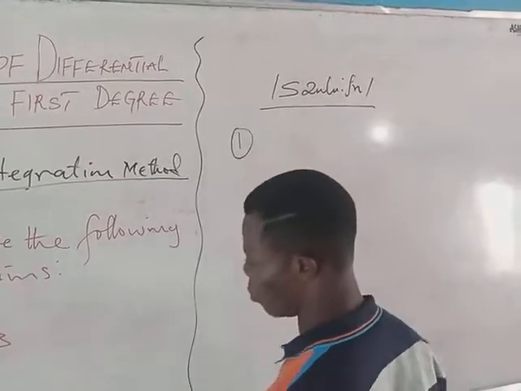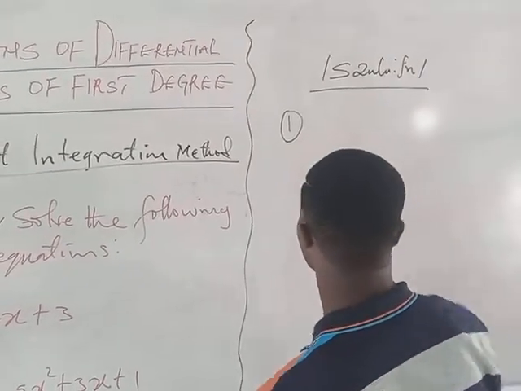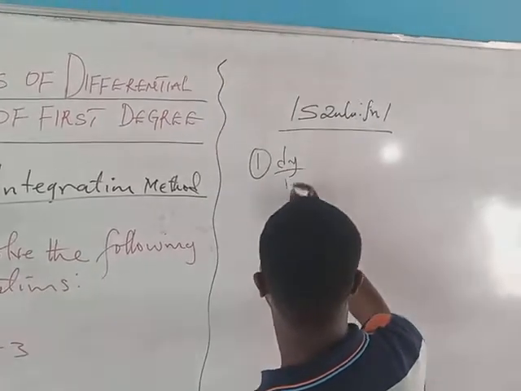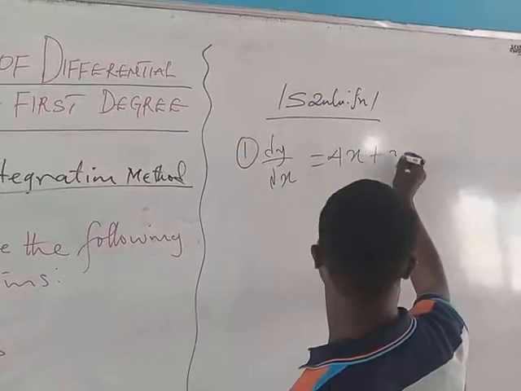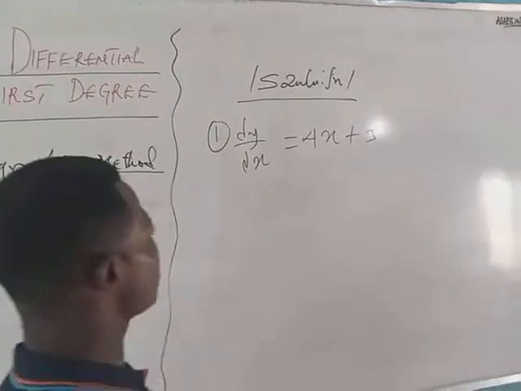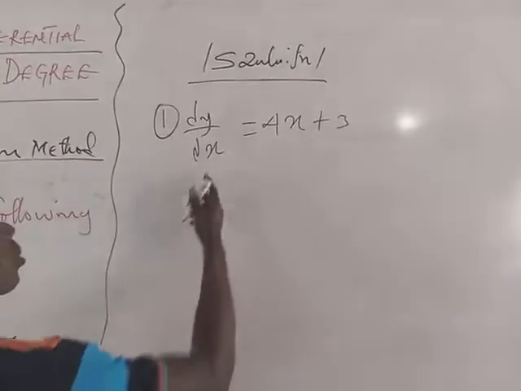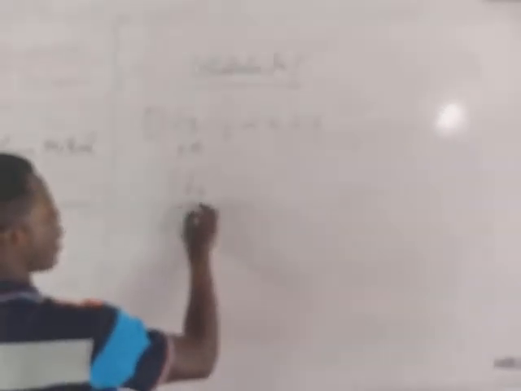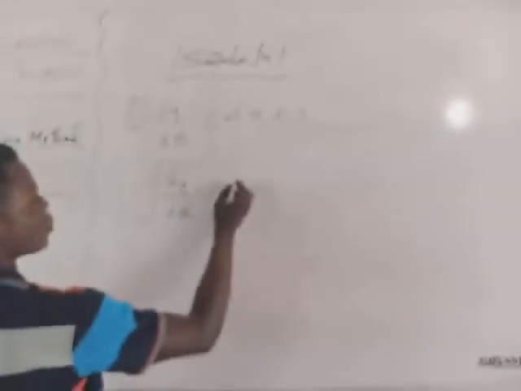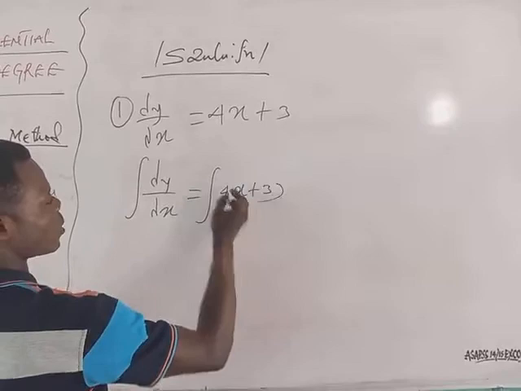Like number 1, we have dy/dx equal to 4x plus 3. So to find the general solution of this, we have to integrate both sides. You integrate dy/dx equal to, you integrate this as well, 4x plus 3.